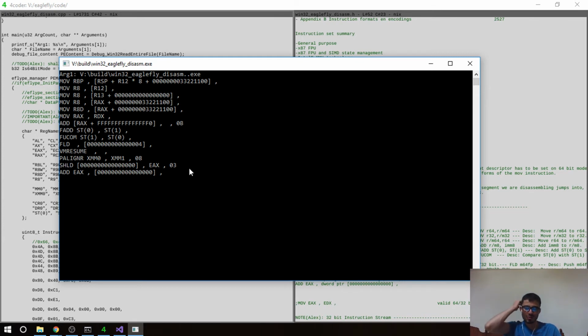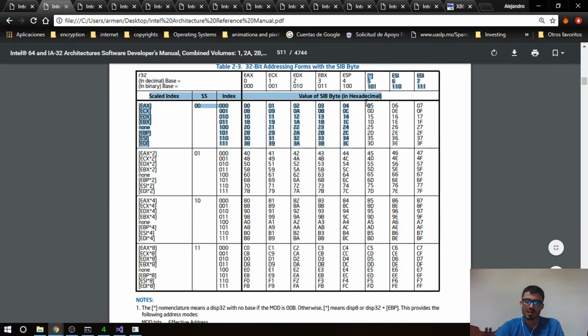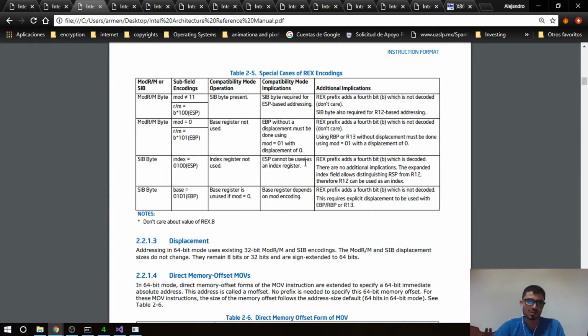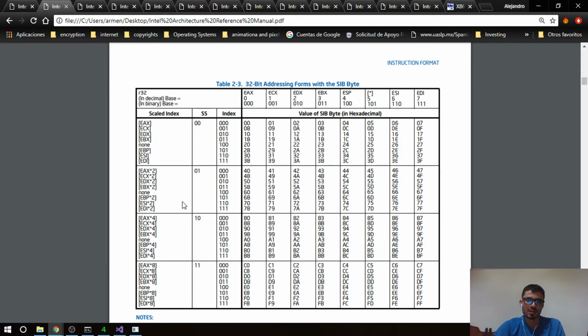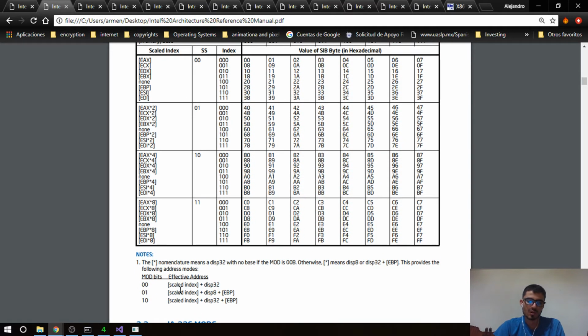Now let's go one more step. Let's go and disassemble the whole stuff. I'm gonna disassemble now the other row, the special RBP cases where we have this column. We're gonna disassemble that column as well, so we can do it easily. So we know that for the base, if we have EBP, base register is in use if mod equal to 0. Okay, because if mod equal to 0, then we don't have a base and we just have a scale index plus a displacement.